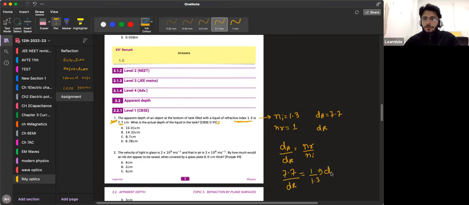So you can say that your D real is 7.7 into 1.3. So that comes out to be 10. Just note it down. Is it clear? This is a formula based thing.